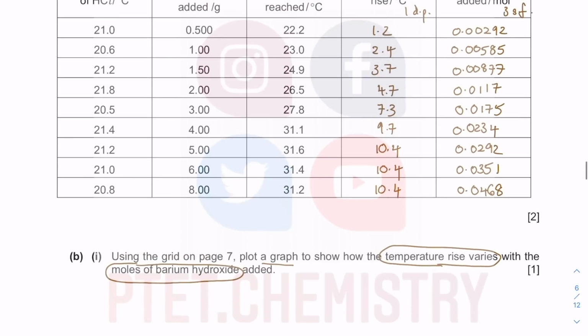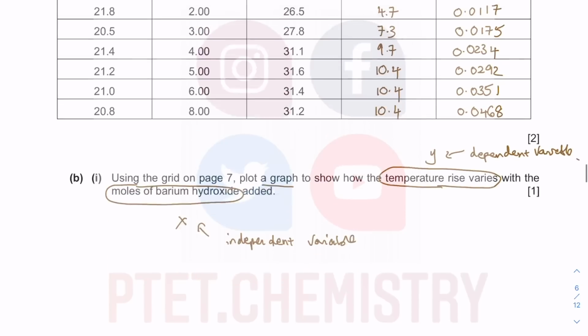So this is the y-axis, the dependent variable. If you watch my other paper 5 tutorial video, you would know that I credit a friend who taught me this very catchy phrase: why are you so dependent? So the y-axis is the dependent variable. It's the one you measure as you vary the independent variable.